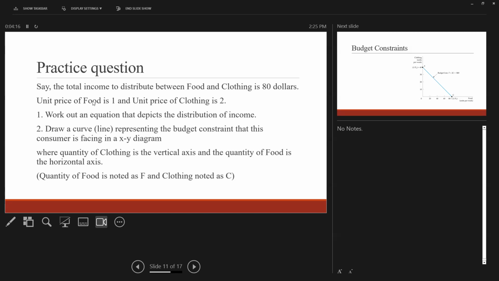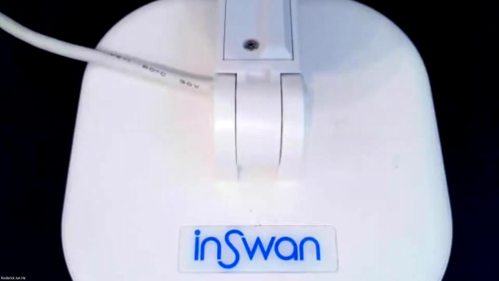And since this is a video, I suggest you pause the video for 5 minutes to give you a little time to work on this first. And I'll proceed with my document on camera. I'll read this through.